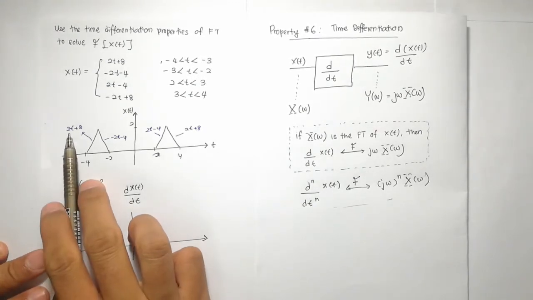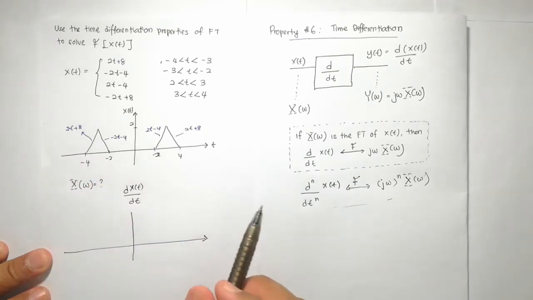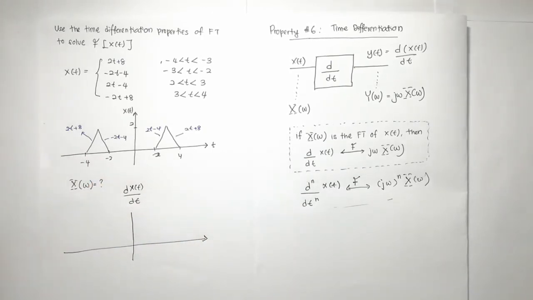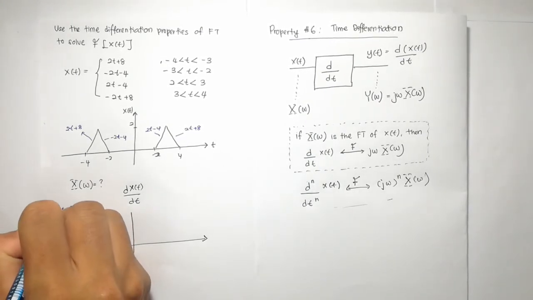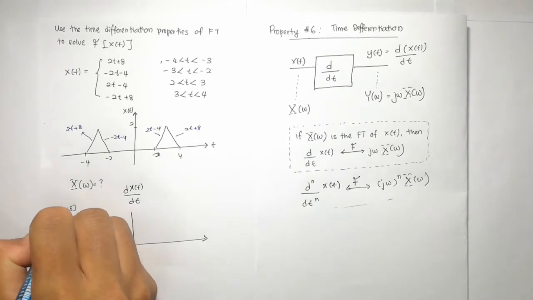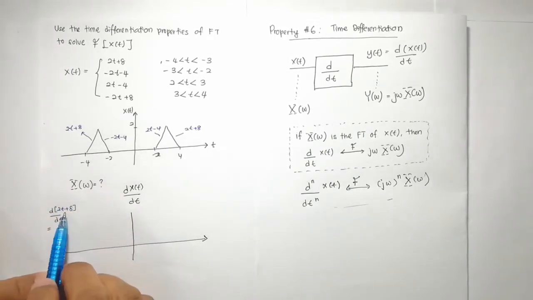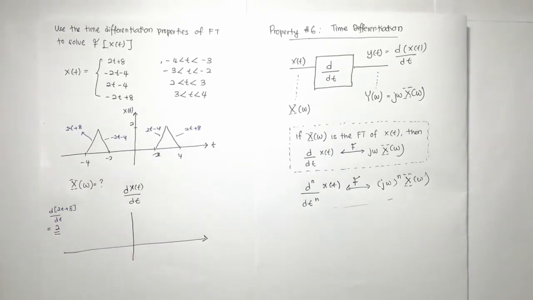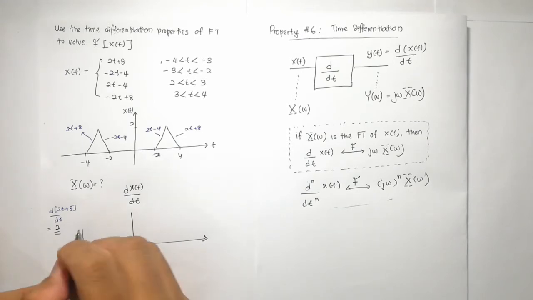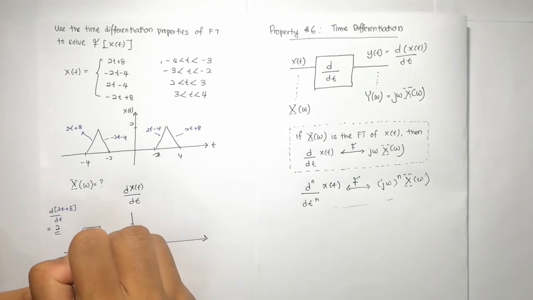When we differentiate 2t plus 8, d(2t plus 8)/dt, the differentiation of 8 will be equal to 0 and the differentiation of 2t will give us 2. So from negative 4 to negative 3, we will have a value of 2 over here.